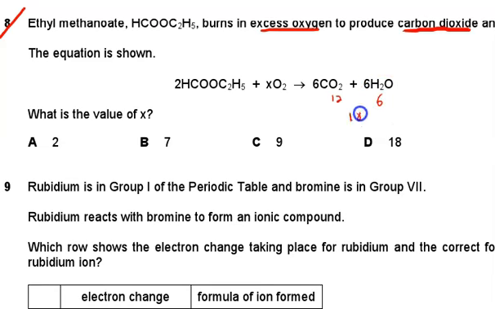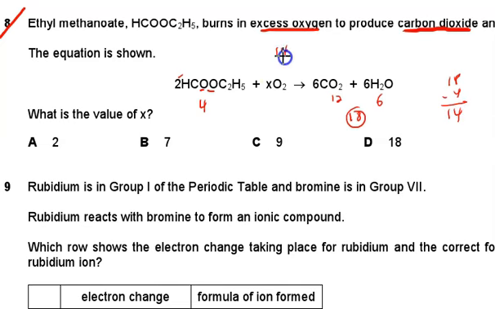So total is about 18 atoms of oxygen, and here will be 1, 2, which will be multiplied with this one, so you'll be getting 4. So 18 minus 4, you'll be getting about 14.